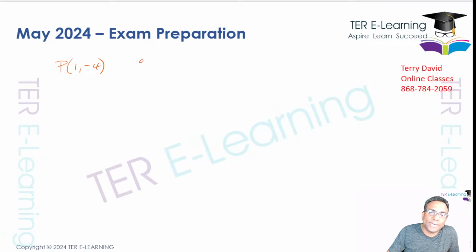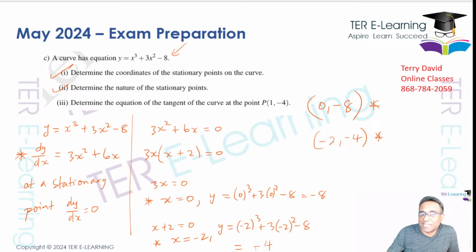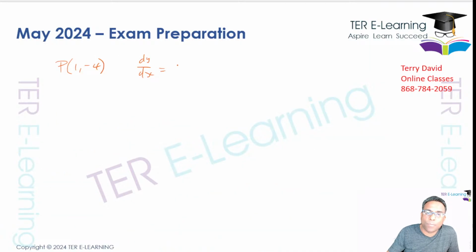Right, dy dx, remember dy dx is also called our gradient function, is 3x squared plus 6x. So all we're going to do, we're going to say when x is equal to 1, dy over dx is going to be 3 by 1 squared plus 6 by 1.